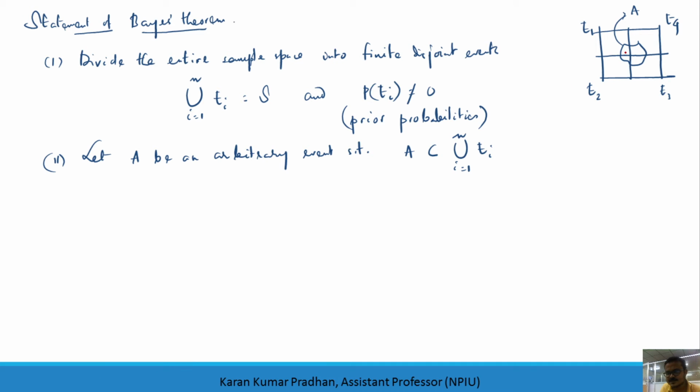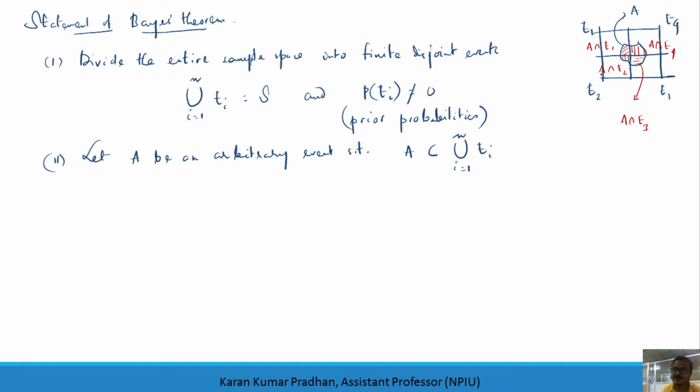If I take the intersection of A and E1, this is definitely A intersection E1. And this is your A intersection E2. Similarly, this one is your A intersection E3, and this is your A intersection E4, right?